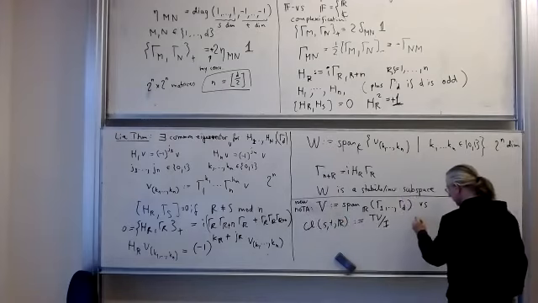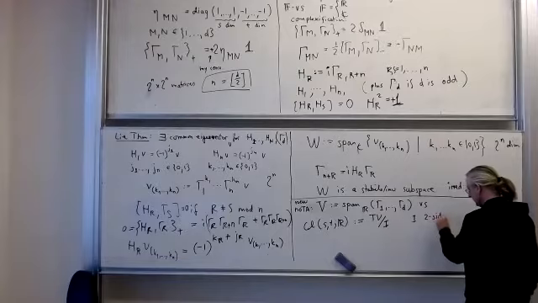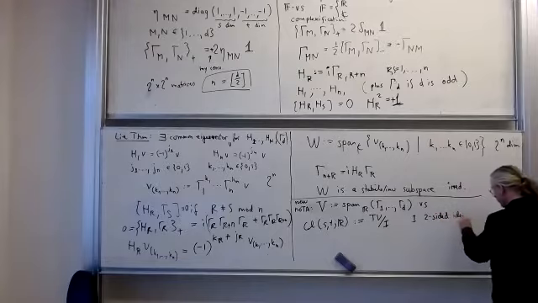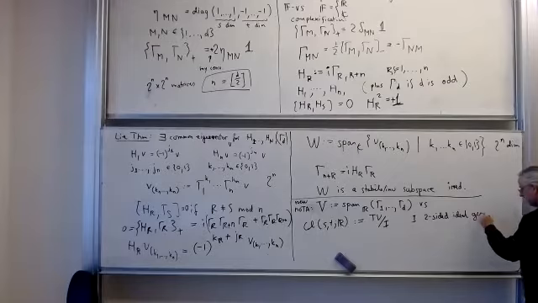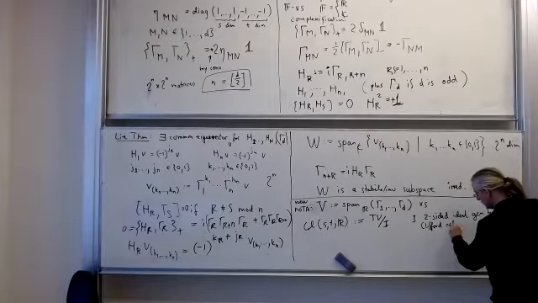So the ideal I is a two-sided ideal generated by the Clifford relations.